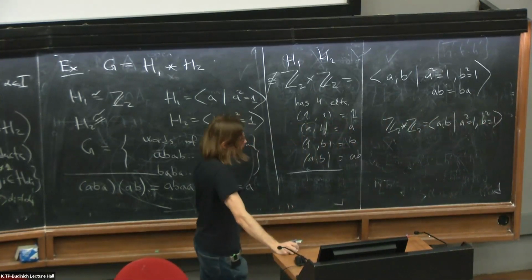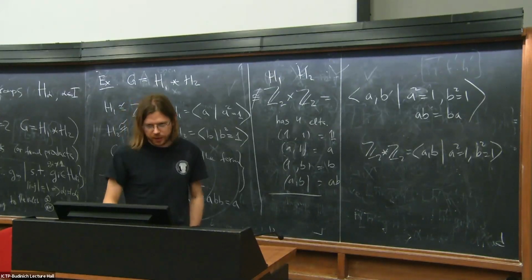Any questions about the free product of groups? Yes, I have a question. In the definition of the free product, I don't see us using the fact that the absolute value of the difference between i and j should be 1.